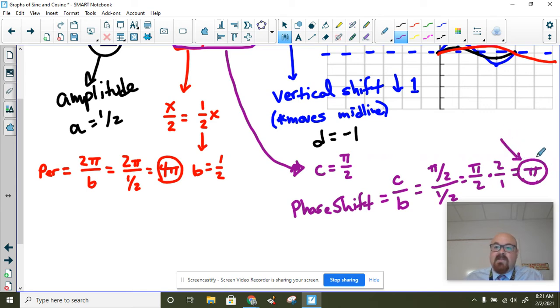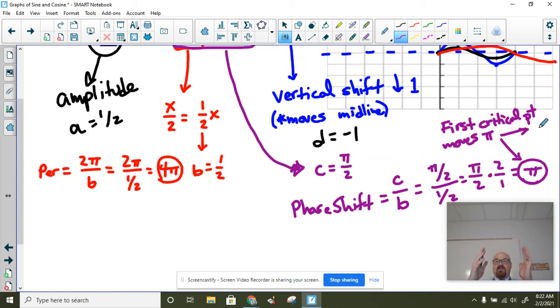Now what this means, okay, what is the definition of this phase shift? That's telling us that the graph, the first point, so you may want to write this down, the first critical point moves pi units to the right, okay?